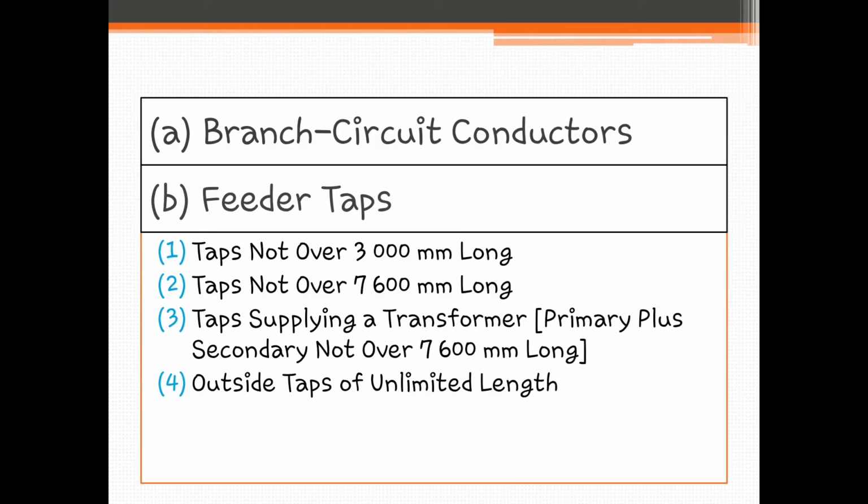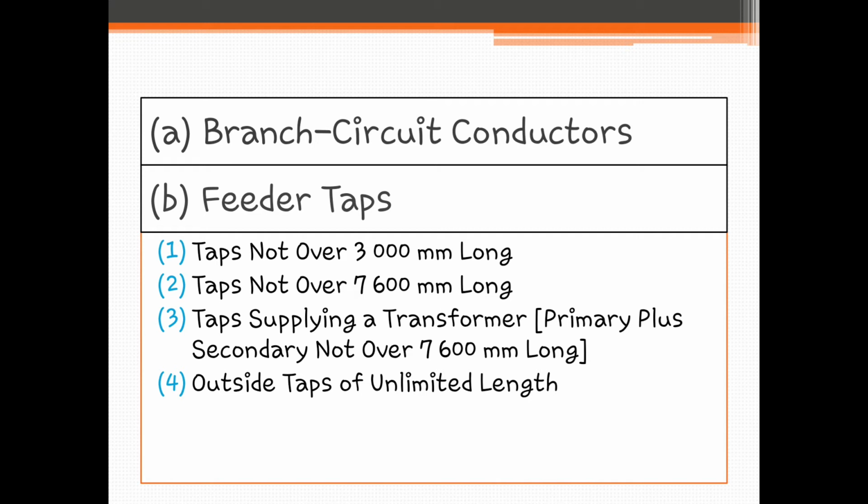So if the branch circuit conductors meet the requirements specified sa Article 2.10.2.1, then these branch circuit tap conductors kay ma-permit ni siya to have its overcurrent protection located as specified in that section.